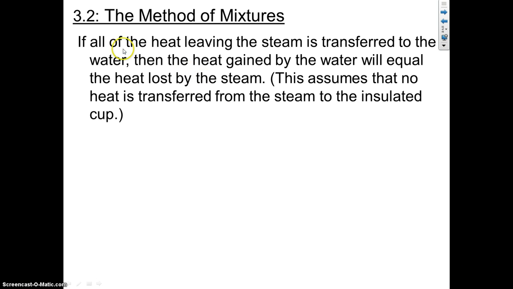So there's heat transfer again, and if all of the heat leaving the steam is transferred to the water, then the heat gained by the water will equal the heat lost by the steam. And as before, I put absolute values here so that we don't have to worry about negative signs. And of course, we assume that there's no heat being transferred to the insulated cup or any other external environment.